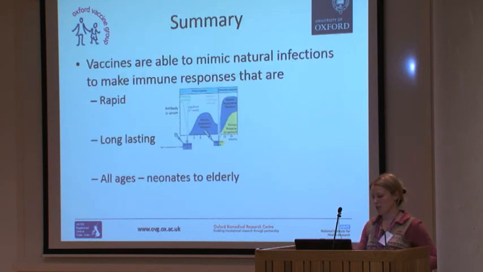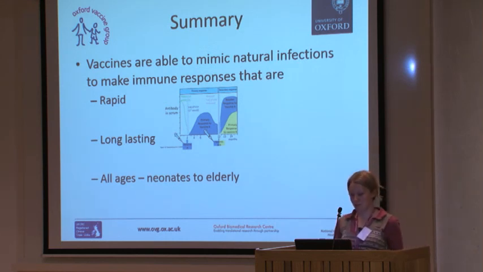And so in summary, what we hope to do with vaccines is mimic natural infections and make immune responses that are rapid and long-lasting and immunogenic in all ages, so from neonates to the elderly. So I hope that was clear, and that's all.